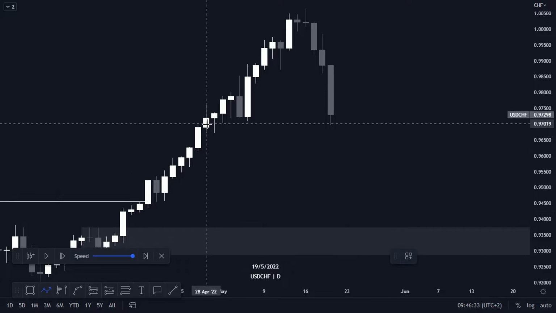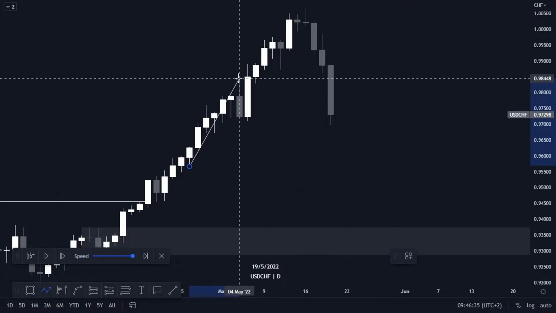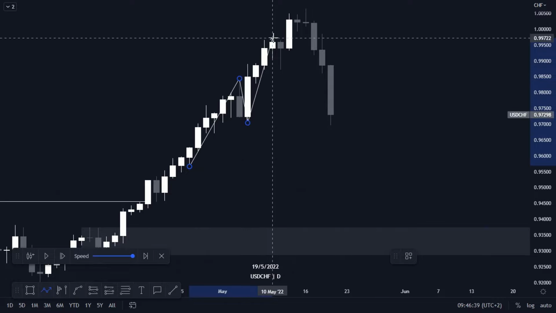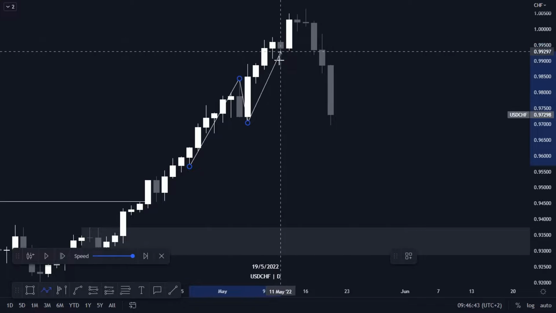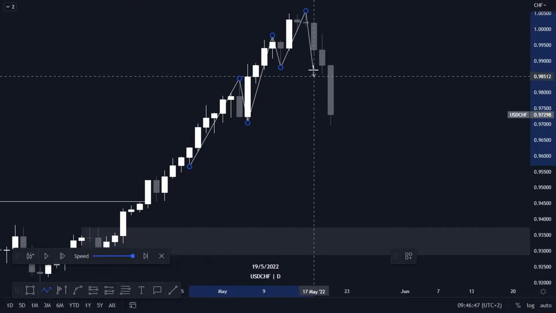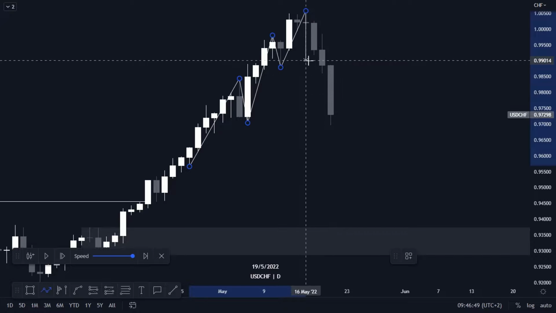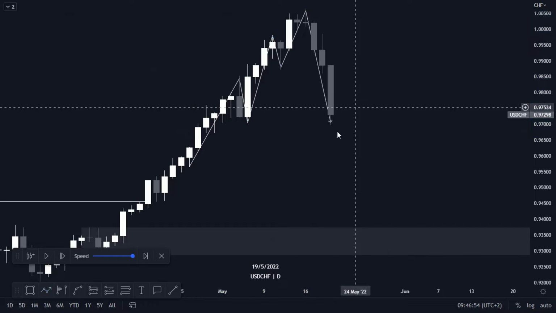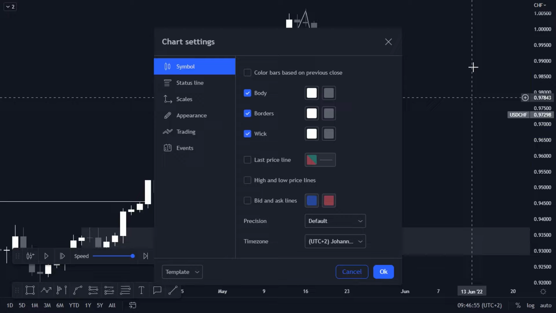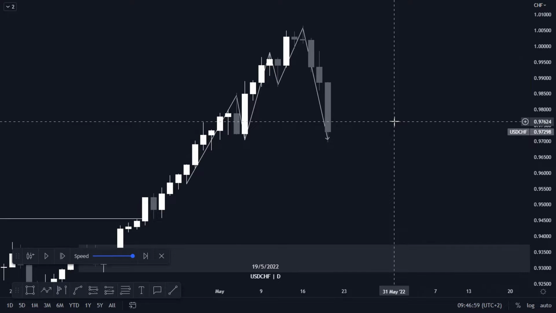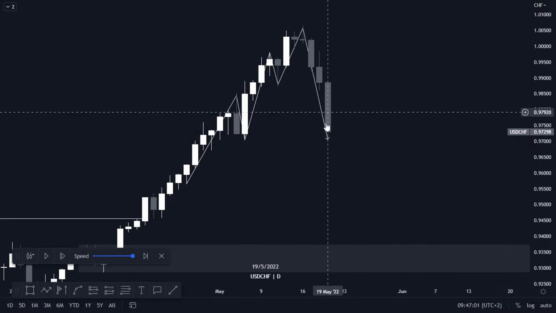So we can see here USD CHF has been in a bullish trend, meaning that it has been creating highs, respecting lows and violating highs. Now USD CHF has violated this low here, and we might expect a change of trend, meaning that we might be moving from a bullish trend to a bearish trend.